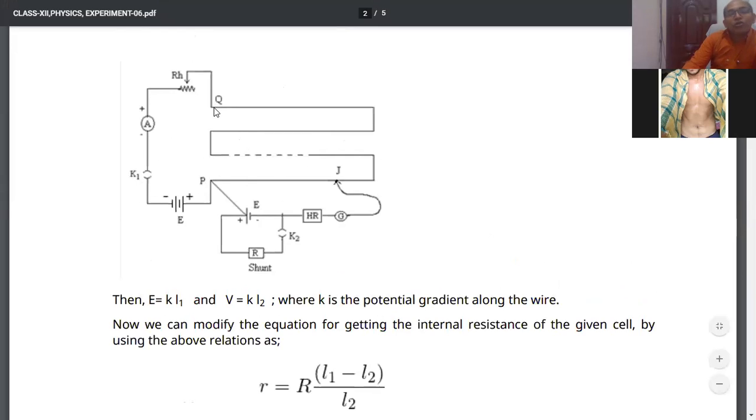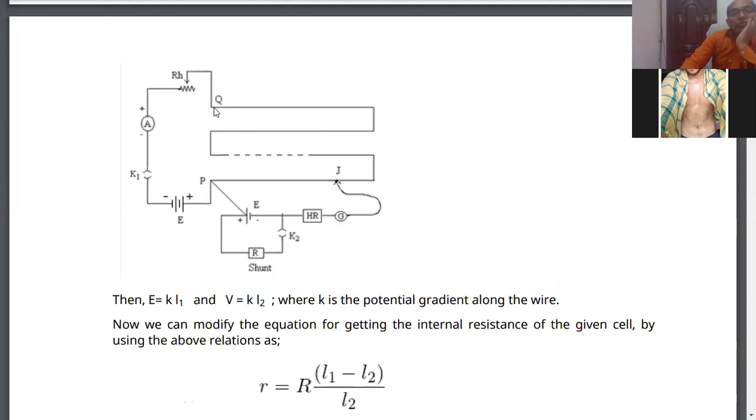Another terminal is Q. Now, the positive terminal of the potentiometer is connected with the positive terminal of the cell whose internal resistance is to be measured.